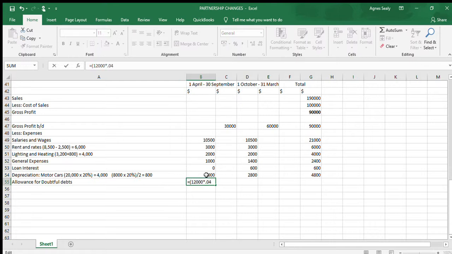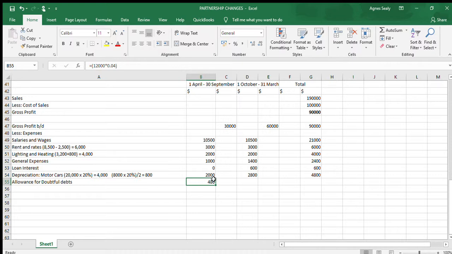And someone may be wondering how I'm getting these decimal numbers. Remember that percentage is out of 100, so if it's 4%, it's 4 divided by 100, and if you take the 4 and divide it by 100, you will get 0.04. So that's how I'm getting these decimals, and that is $480.